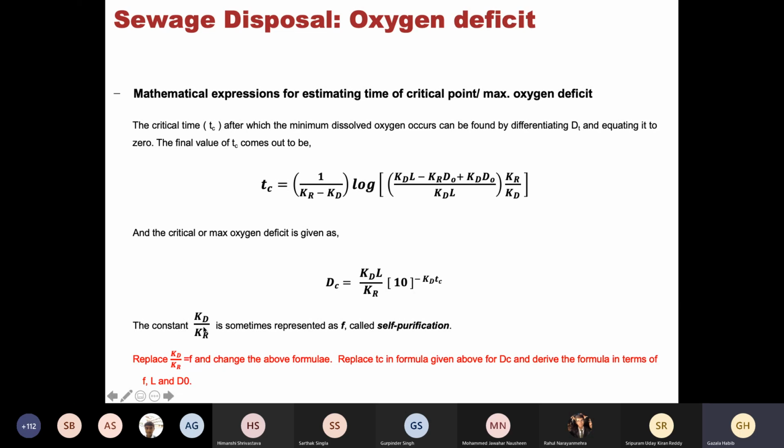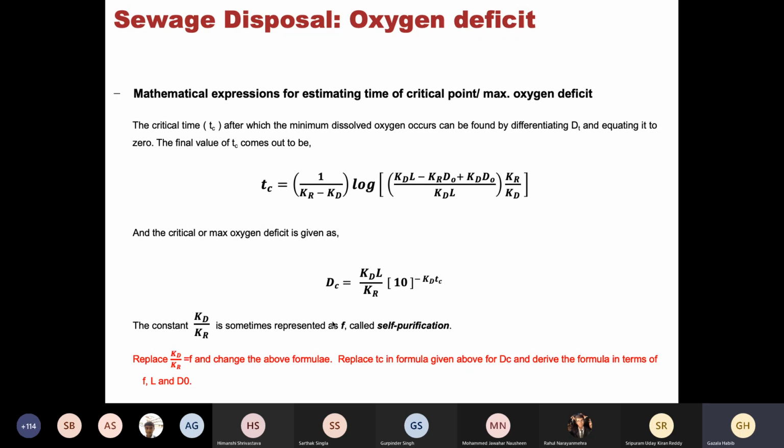When you replace Kd upon Kr by f, it is known as the self purification constant, and this self purification constant for different water bodies is also given on page number 200 in the Gerk's book. In your exam, either it will be given or you can also find it on the internet.